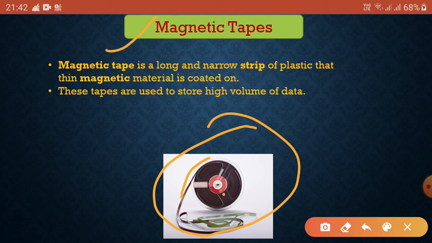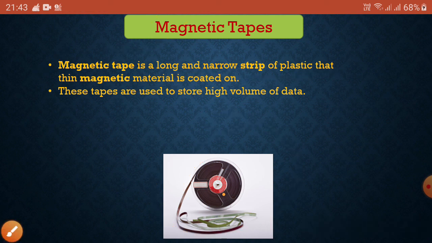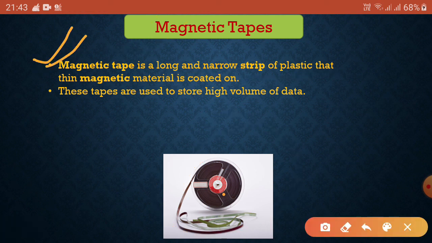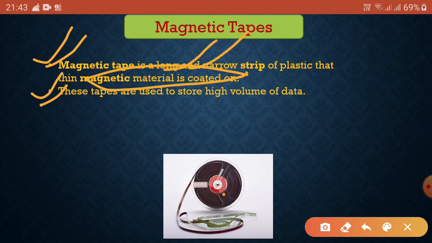So magnetic tape is a long narrow strip of plastic on which thin magnetic material is coated. These tapes are used to store high volume of data.